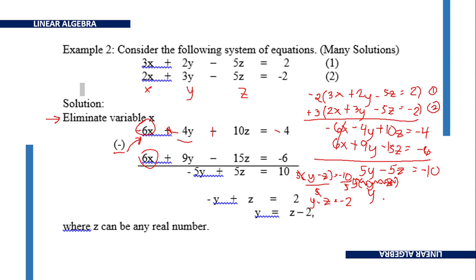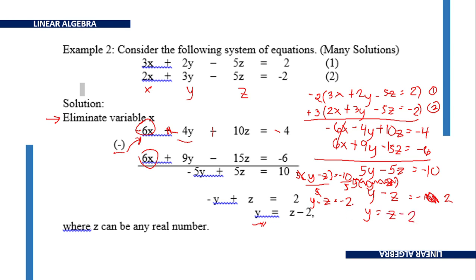So, para lang makuha natin yung value ng isang variable, for example, kunin natin lang yung value ng y. So, we have y minus z is equal to negative 2, so y is equal to z minus 2. Okay? Ayan.